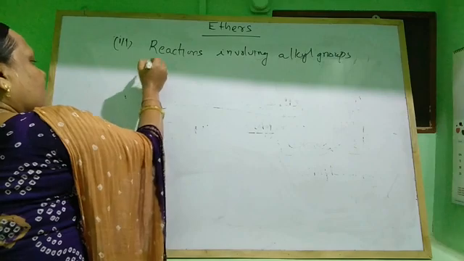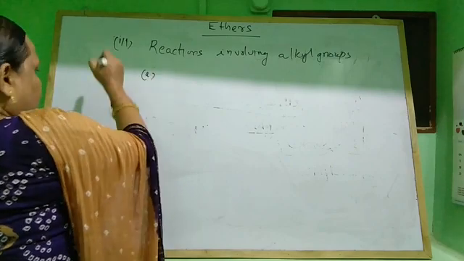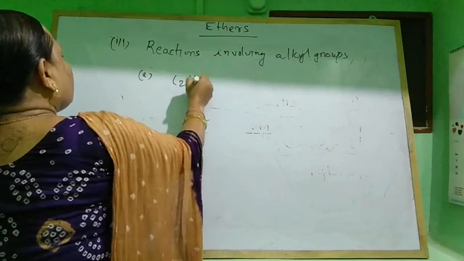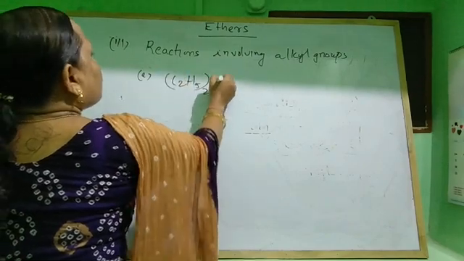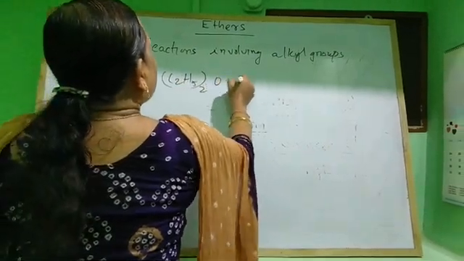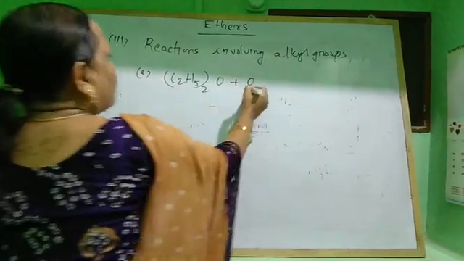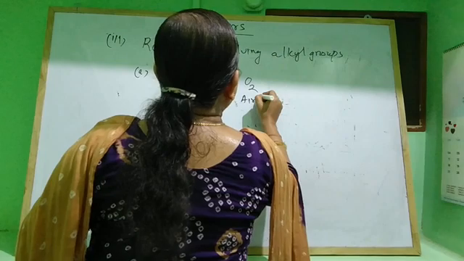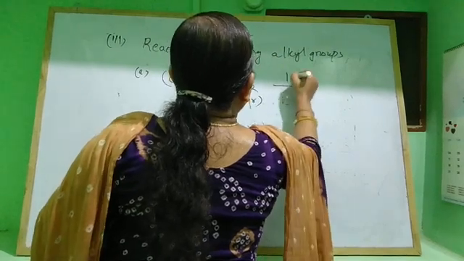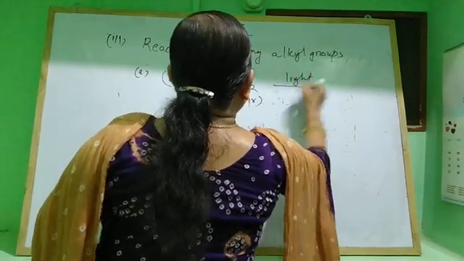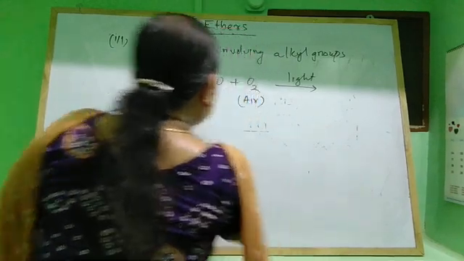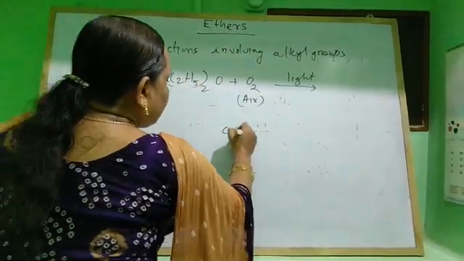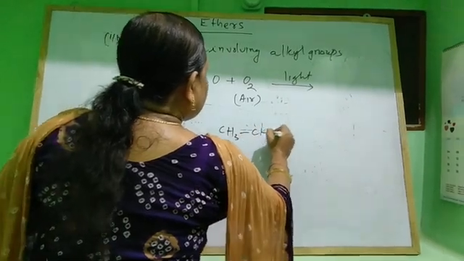So, aerial oxidation. When ether undergoes oxidation with O2 from air in the presence of light, it forms peroxides. So diethyl ether, I can write like this.